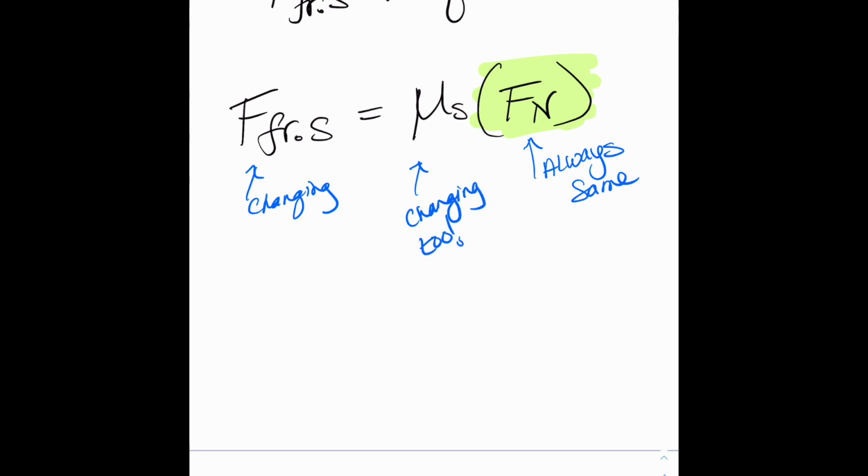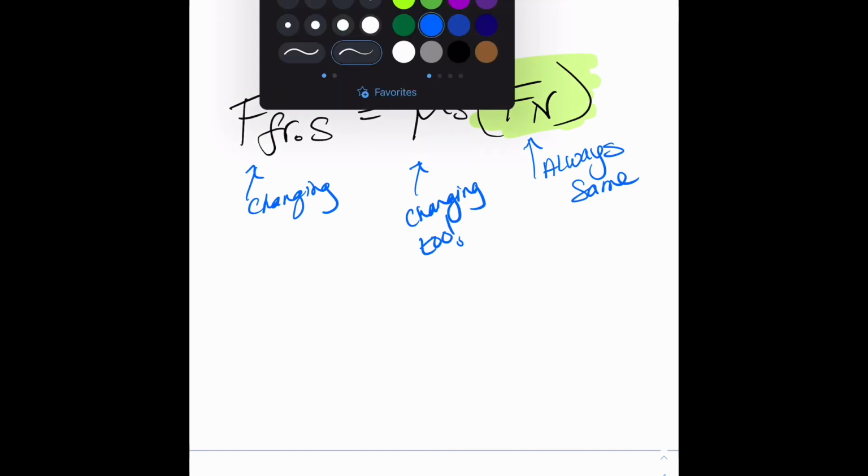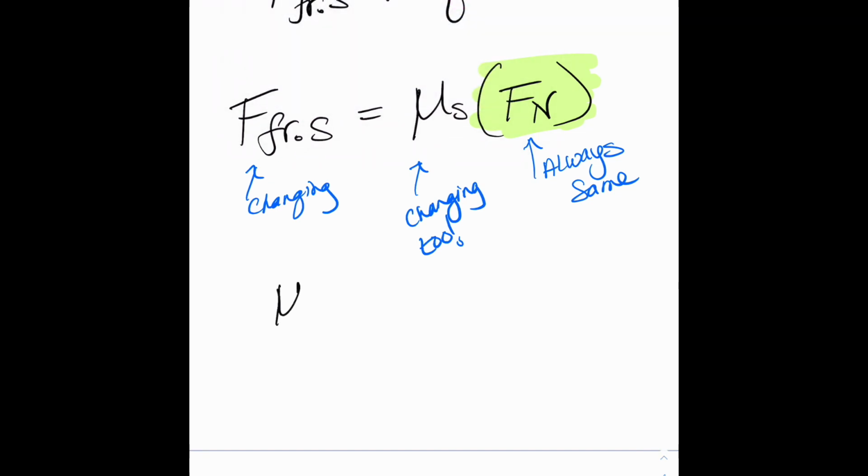And so this is why you can have different mu statics, but you can also have a mu static max, where that is the point where mu static can't get any larger. But with moving friction, mu k isn't going to change unless you change surfaces.